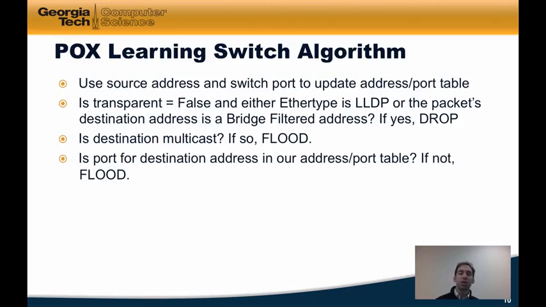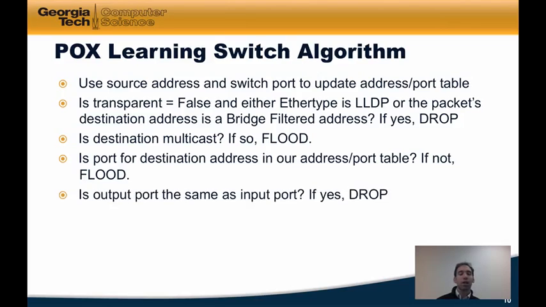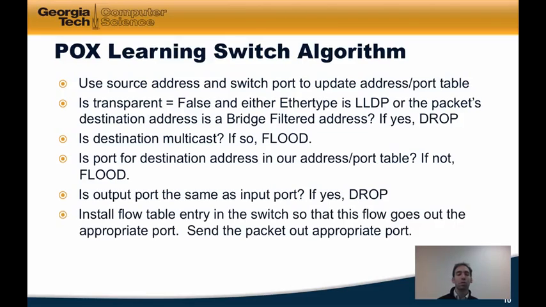If the destination address for the packet is not already contained in the hash table that's being maintained at the controller for mapping addresses to ports, then the controller instructs the switch to behave like a hub by flooding the traffic out all output ports. If the output port is the same as the input port, the controller instructs the switch to drop the packet to avoid loops.